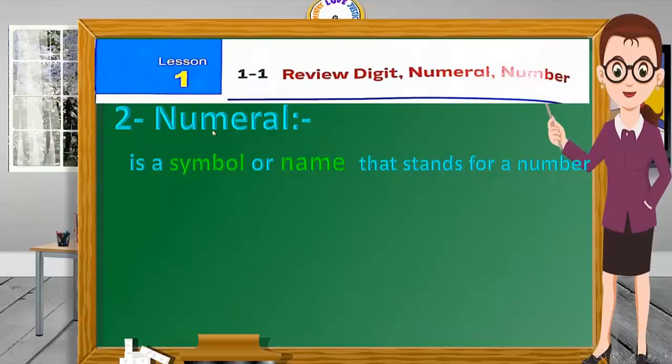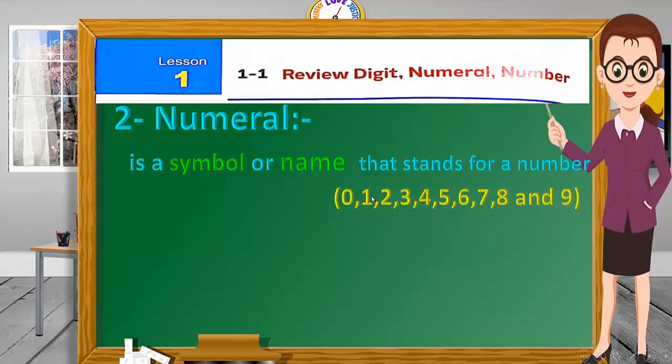We will remember together the meaning of numeral. A numeral is a symbol or name that stands for a number, or represents a number. We said we have 10 digits, from 0 to 9.